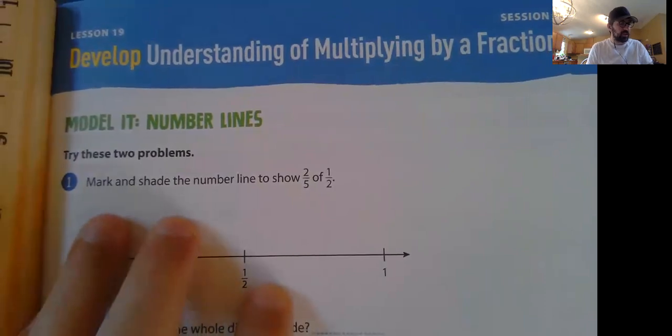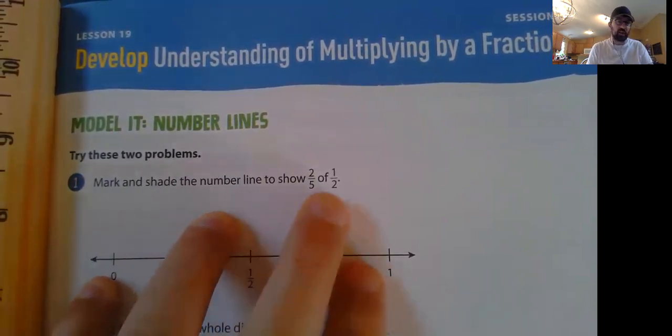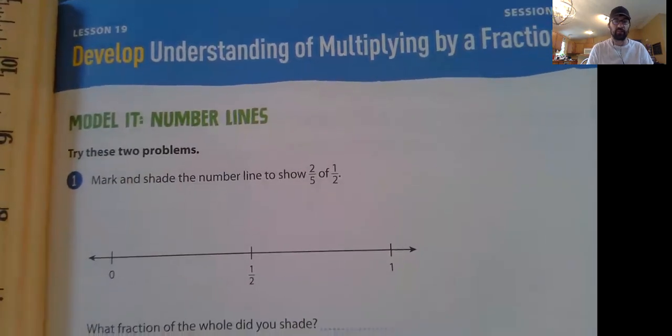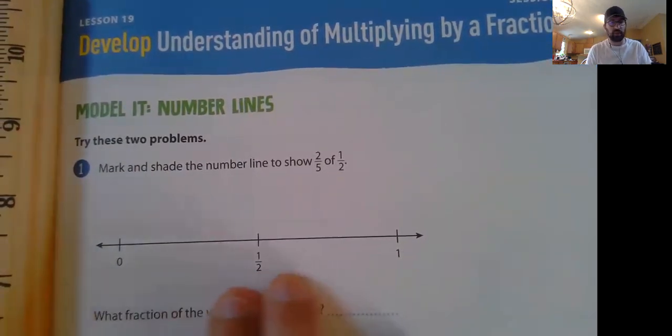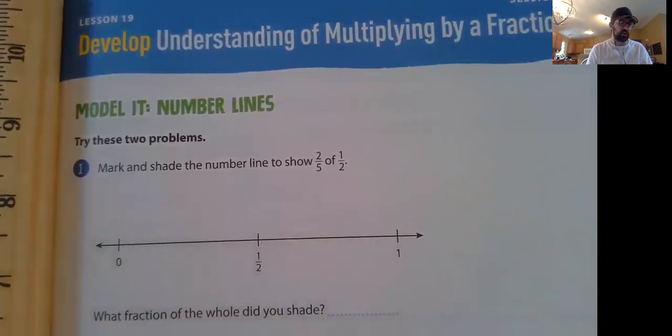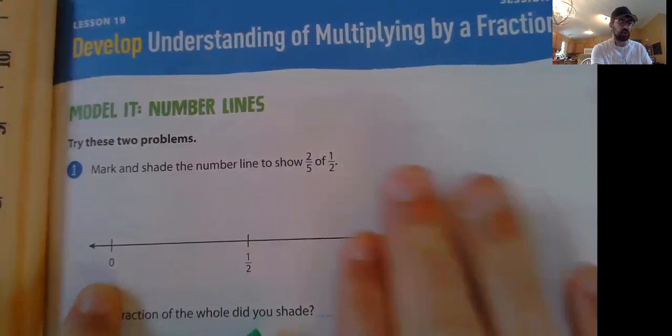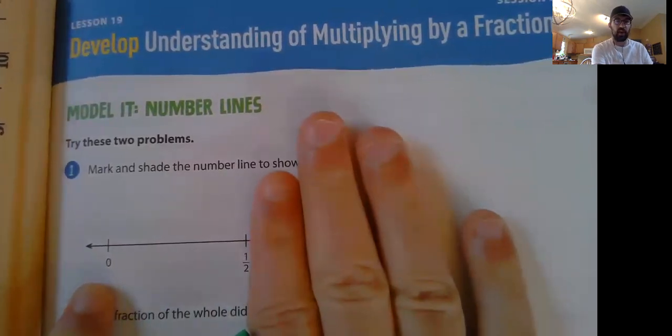It says, mark and shade the number line below to show 2/5 of 1/2, okay? So we have this number line, and we're going to use it to show this. Now, it is one whole, but we only need to use the first half of it, right?